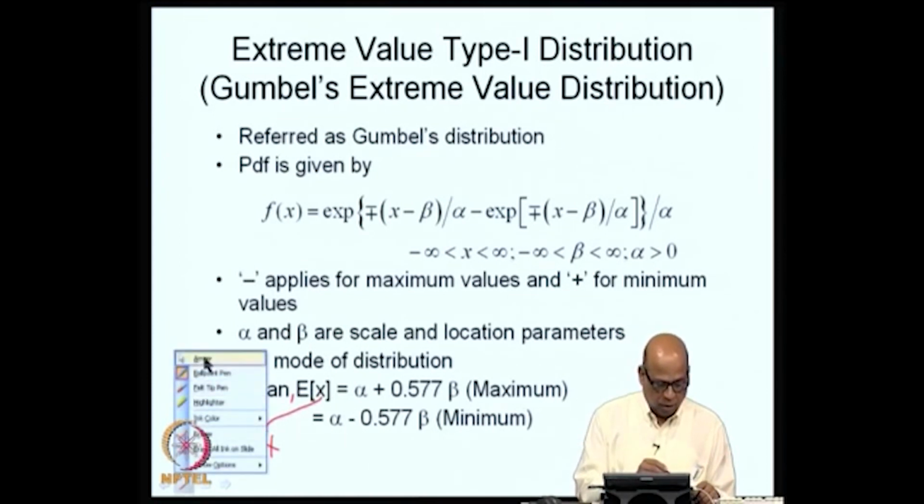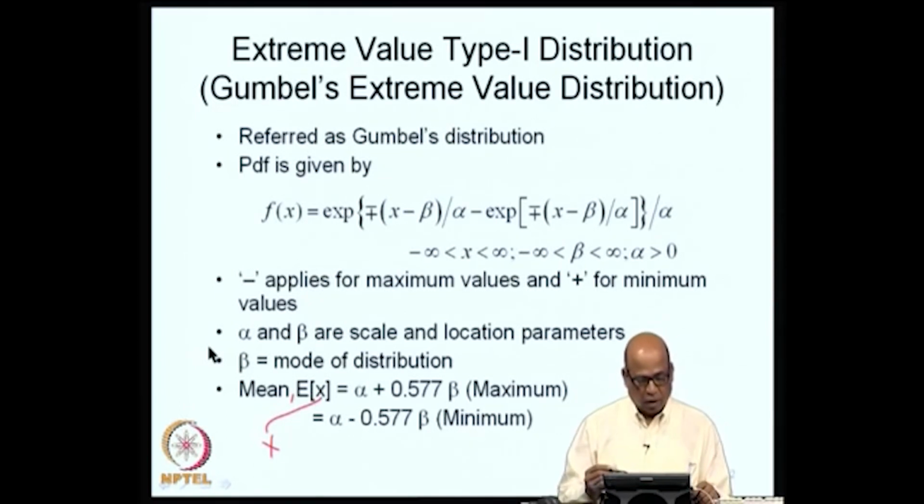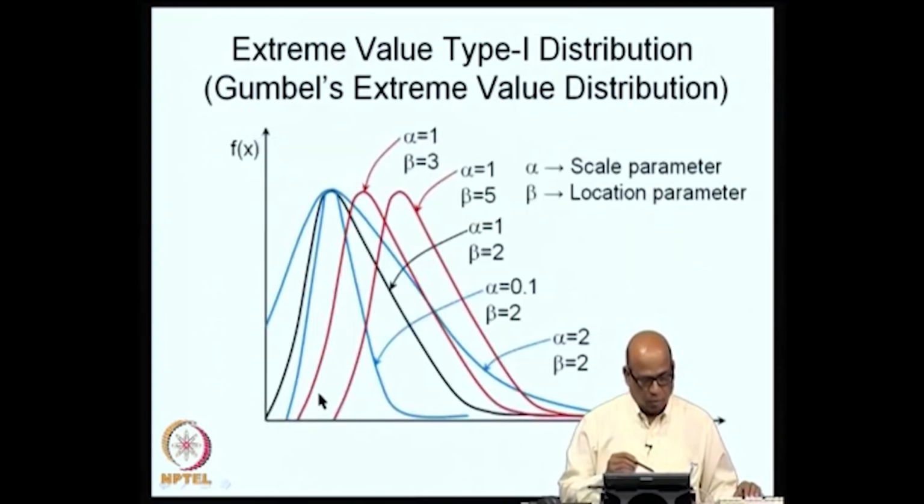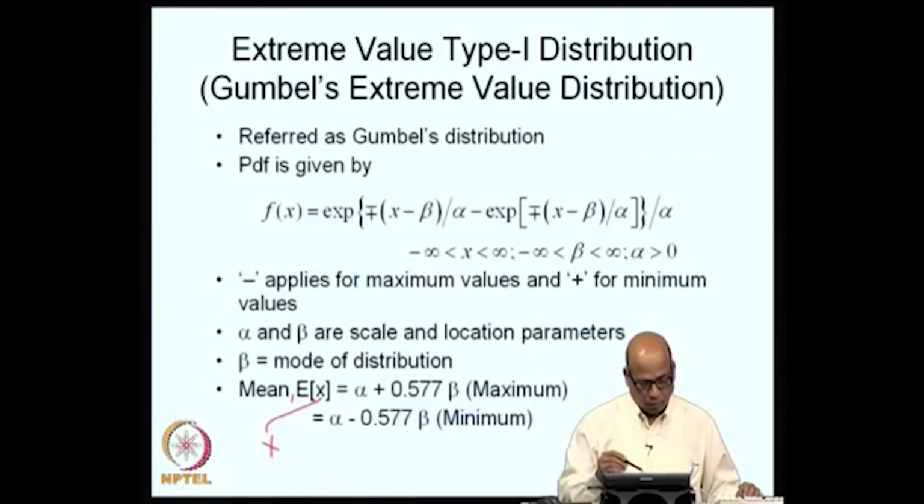From this you can estimate the parameters alpha and beta. This is the expected value, and we also have the beta given by the mode of the distribution itself.